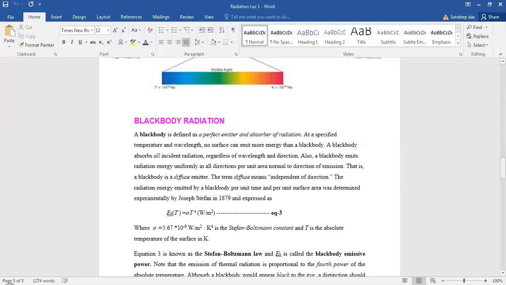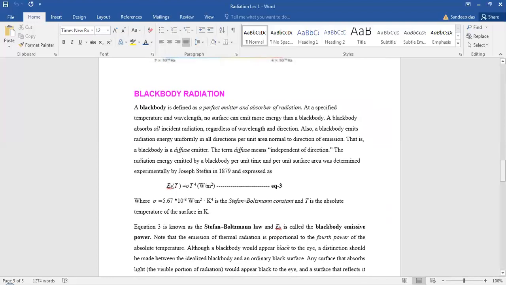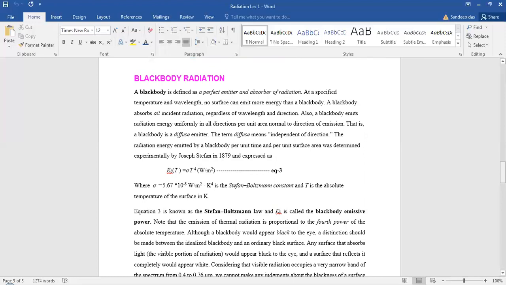Now, how to quantify the energy that is being absorbed or emitted by a black body at any particular temperature T? We have already said a black body doesn't emit or absorb radiation with respect to any particular wavelength lambda. That is, it is independent of wavelength lambda.